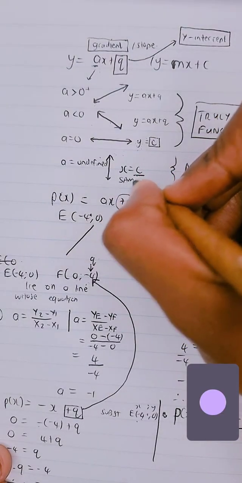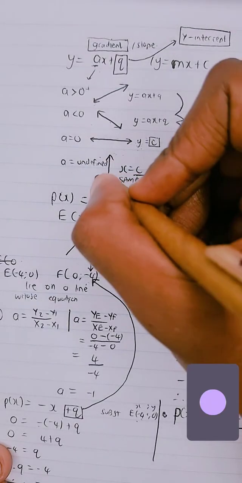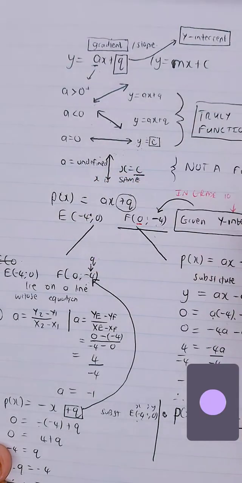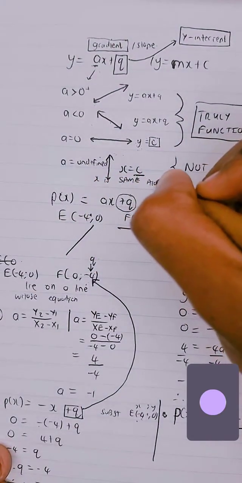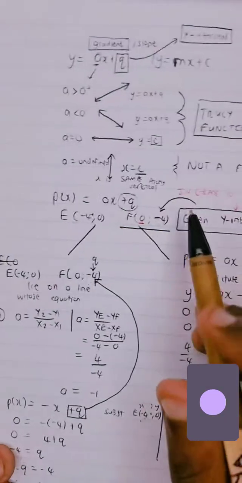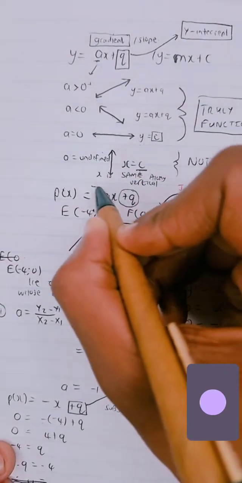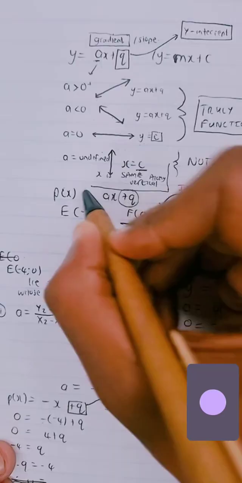What is the same along any vertical line? X is the same along a vertical line. I need you to understand that the value of X is the same everywhere along a vertical line.